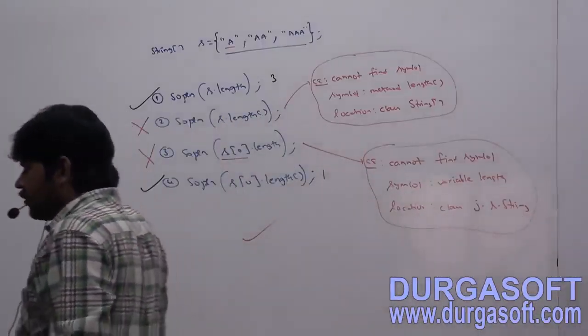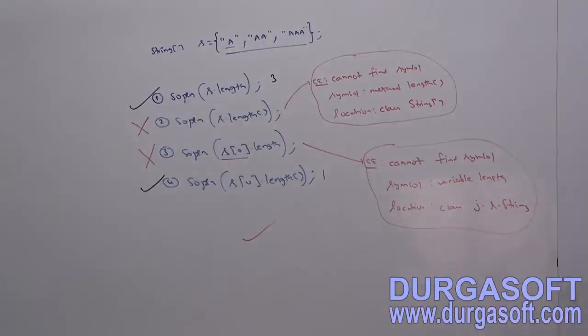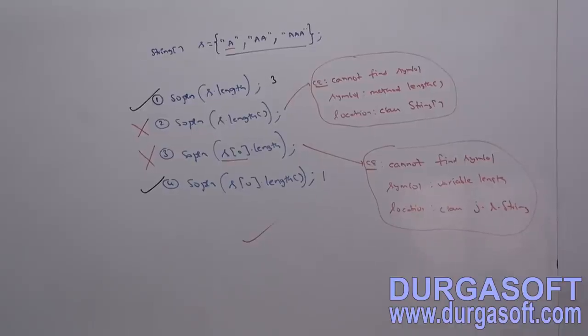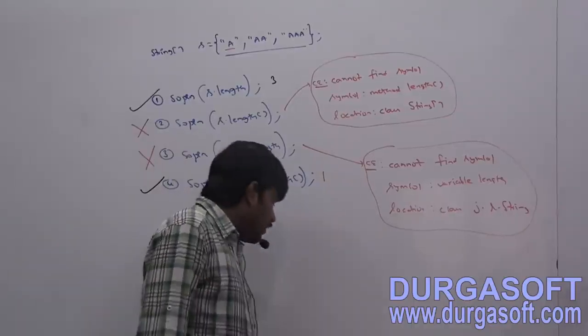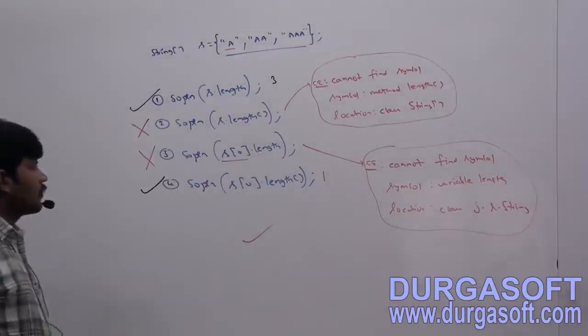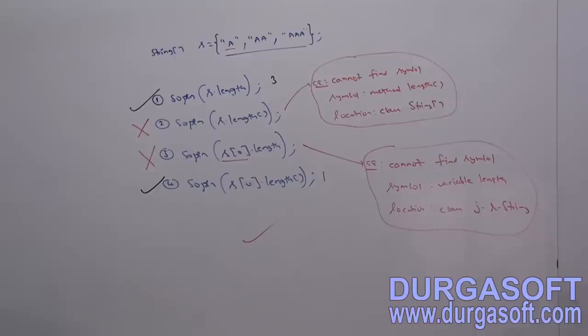Length variable and length method. String array s is equal to a, b, c. SOP of s.length is 3, s[0].length and so on. Completed, I hope. Cannot find symbol.